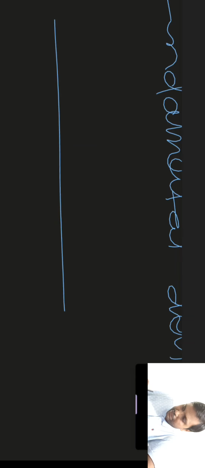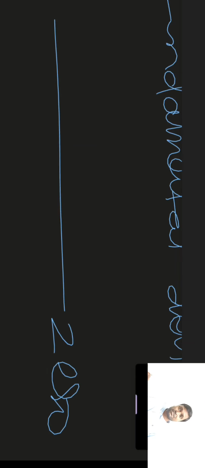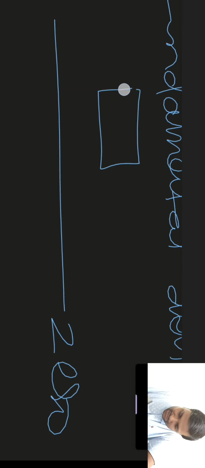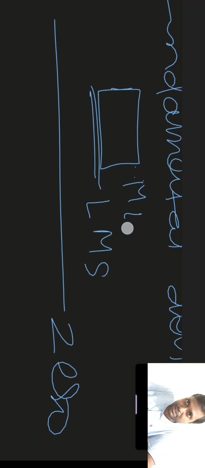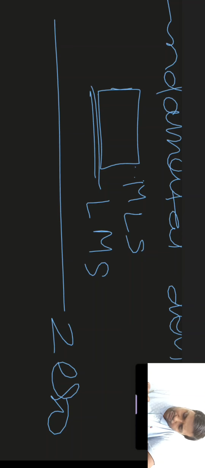This is a zero line. We want to manufacture a shaft, and the shaft we manufacture is something like this. This is the lower limit size of the shaft, and this is the maximum limit size of the shaft.